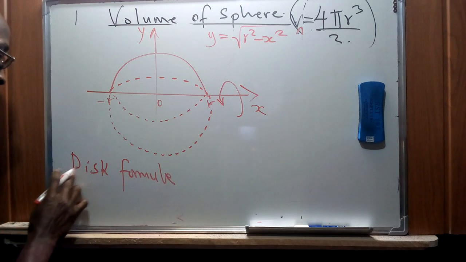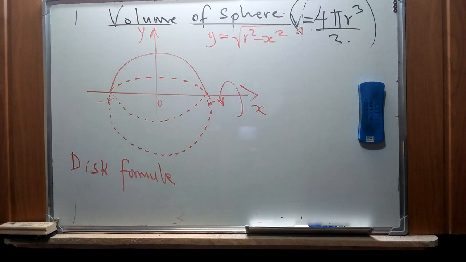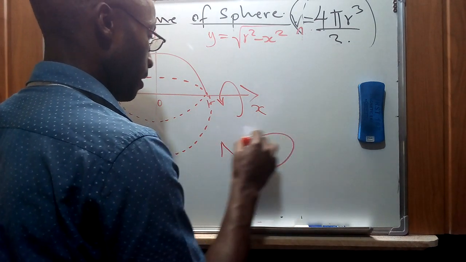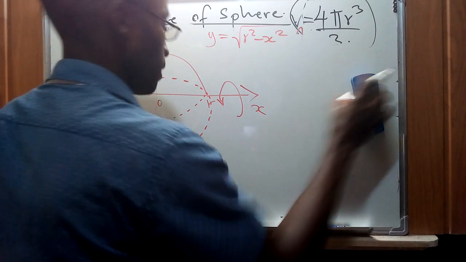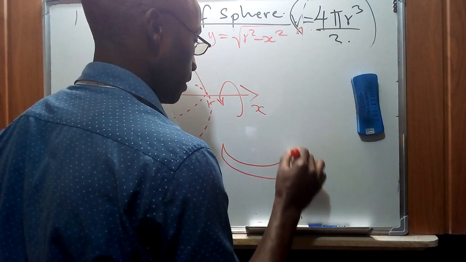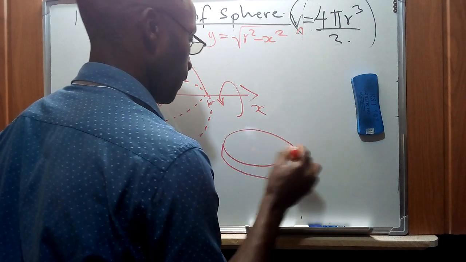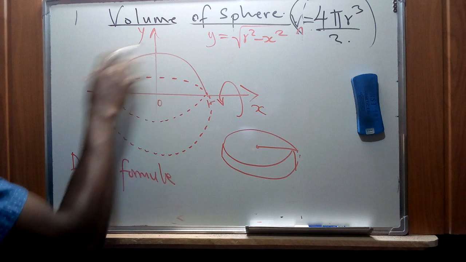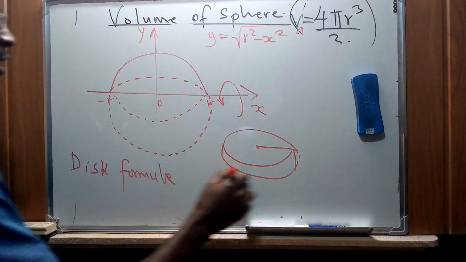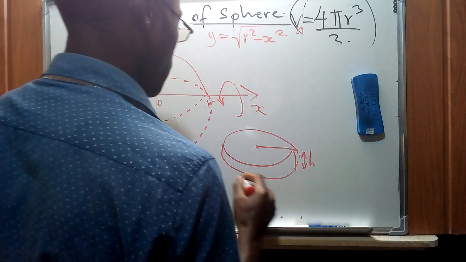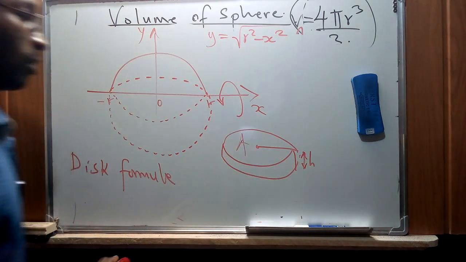This disk formula is founded on the concept that the sphere is made up of concentric disks, which I can represent one of them like this, whereby an individual disk has an area A.